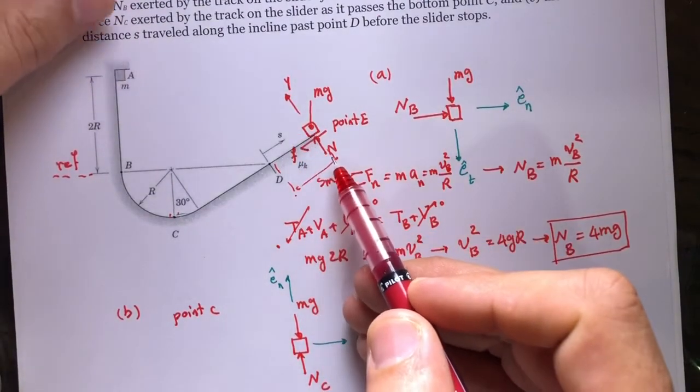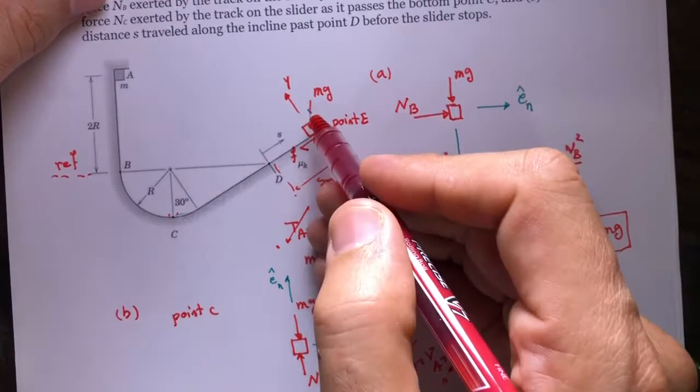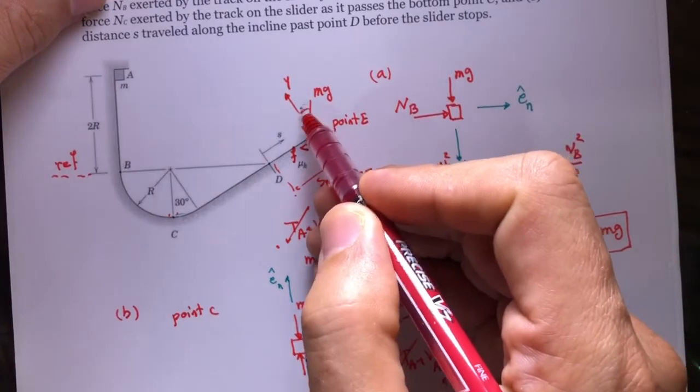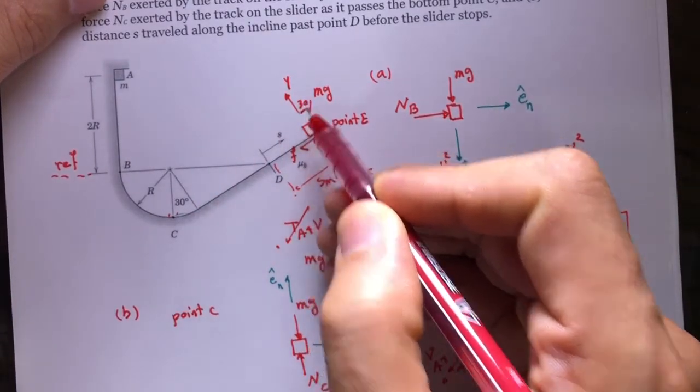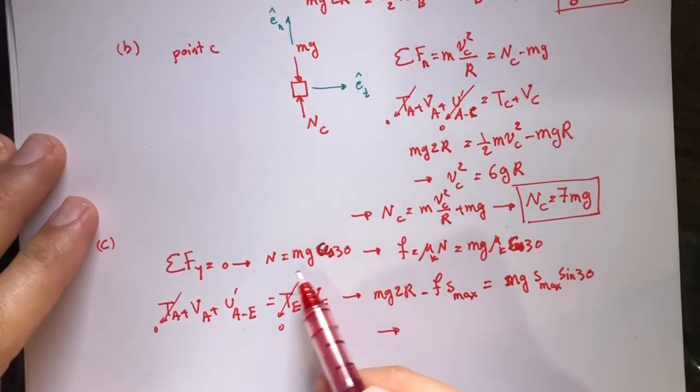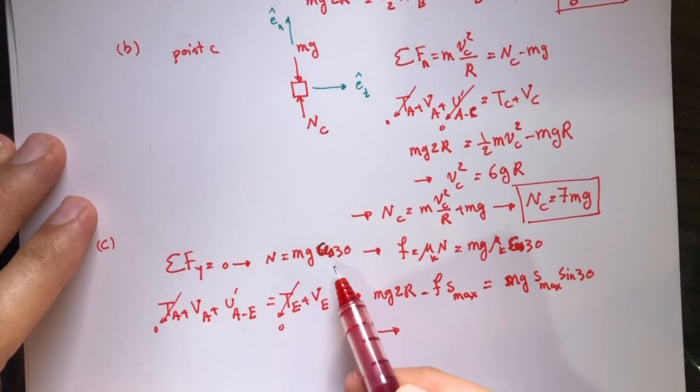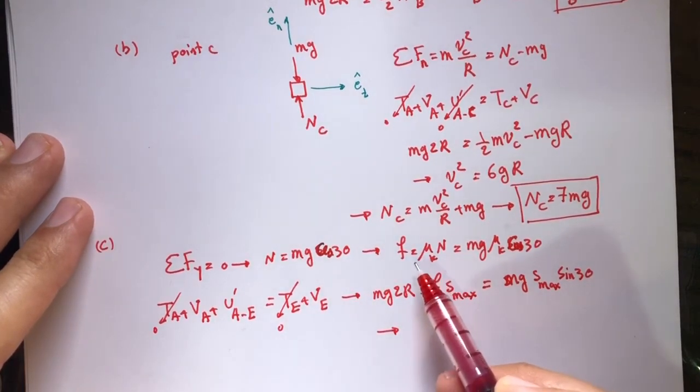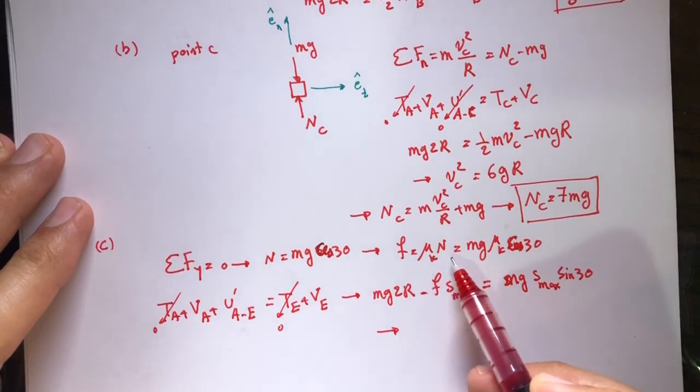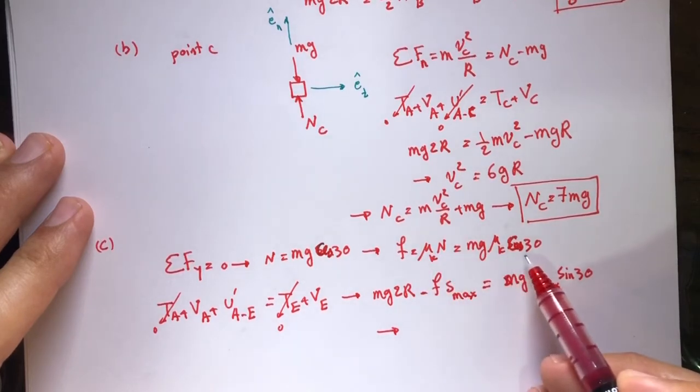And in the y direction, we have normal force and mg times cosine of this angle, which is 30 degrees. So from there, N is going to be equal to mg times cosine of 30 degrees. And the friction force, because it is sliding, is nothing but mu k times N. So it's going to be mg mu k times cosine of 30.